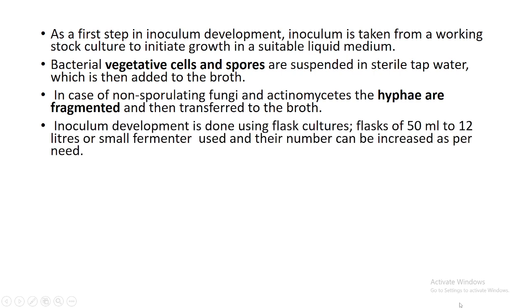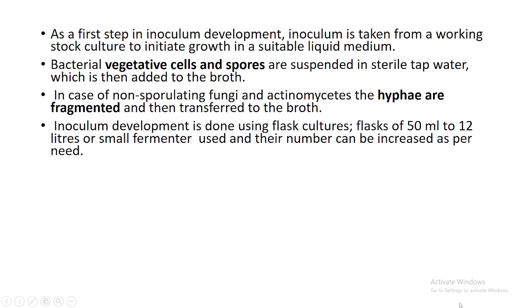Then next, the inoculum development is done using flask cultures of 50 ml to 12 liters, or a small fermenter is then used. So initially you are growing the inoculum in very small test tubes or vials, and from this you will transfer it into a bigger flask.